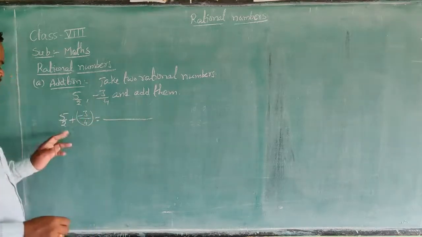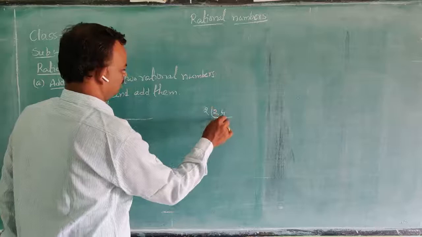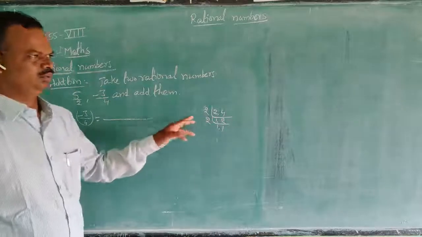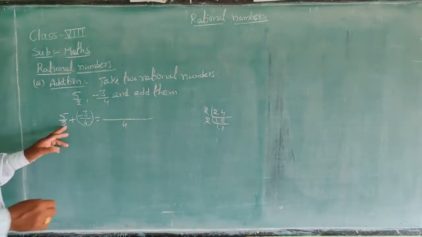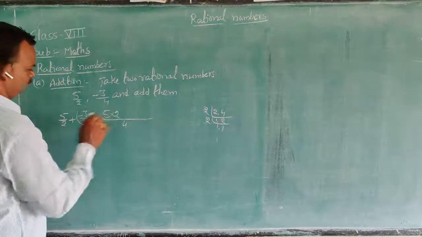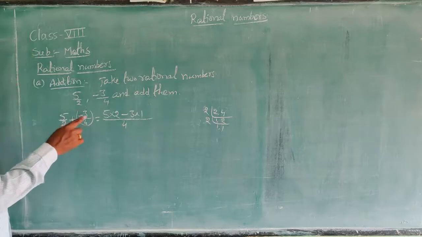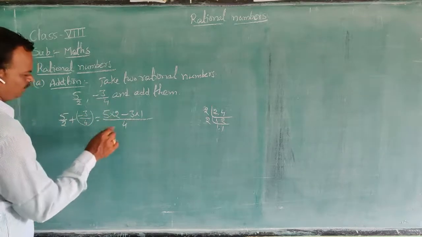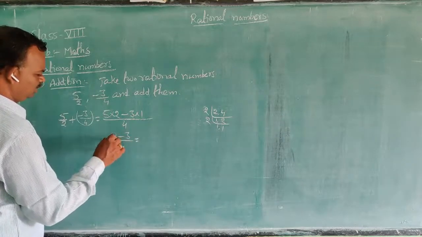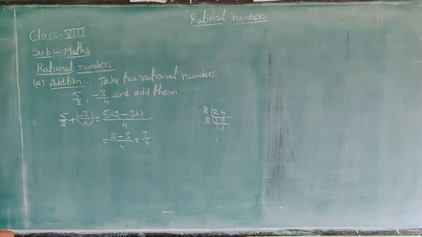Here take LCM of 2 and 4, which is 4. 4 divided by 2 is 2 times, 2 into 5, minus 3 into 1. That is equal to 10 minus 3, 7 by 4.